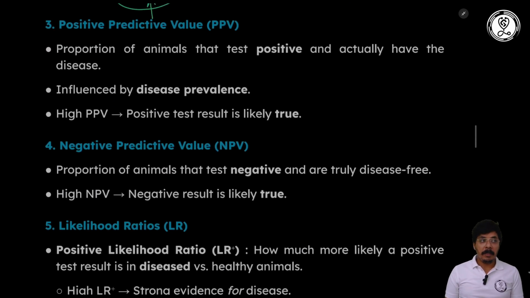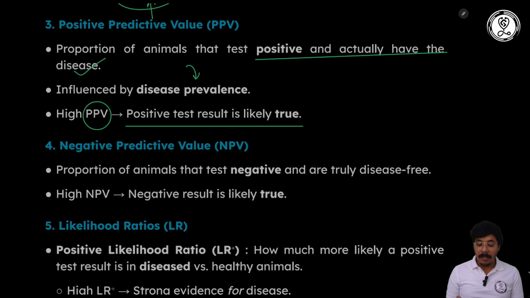Coming to the positive predictive value, it is the proportion of animals that test positive and actually have the disease, influenced by the disease prevalence. A high positive predictive value means positive tests are likely to be true. So basically, positive predictive value tells you how many of the animals in a group that test positive are true positives and actually have the disease.